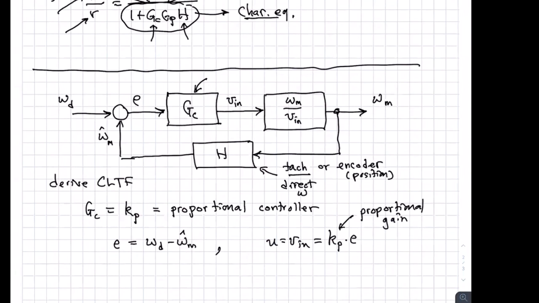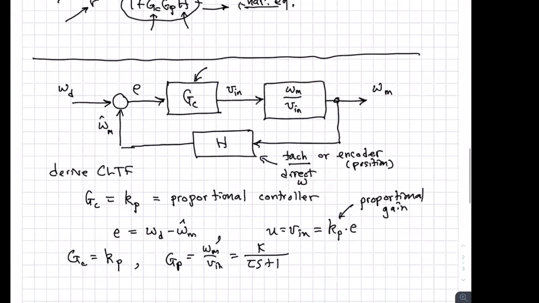So if GC equals Kp, and you know what GP is, because that's omega m, we derived that, and it's K over tau S plus 1. You know the K, you know the tau, you know the Kp.